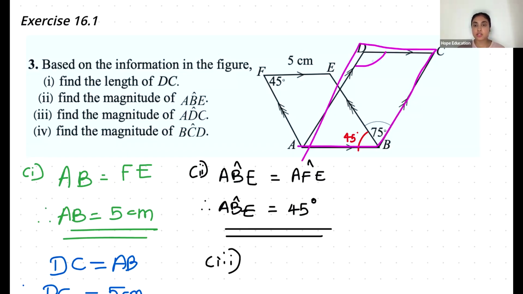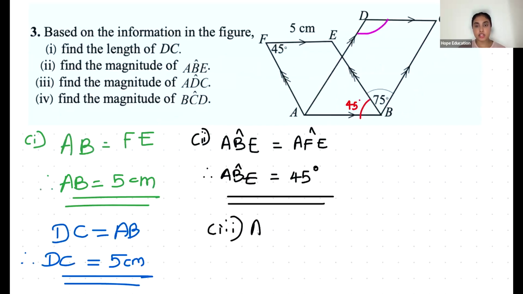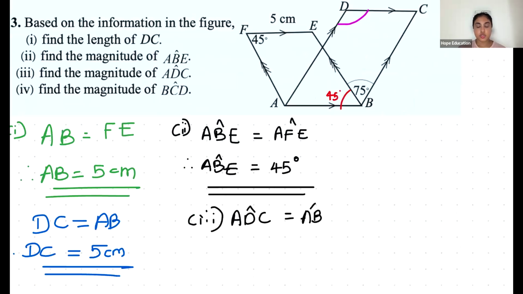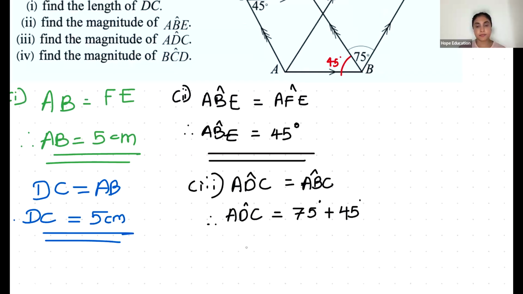Therefore ADC is equal to ABC, which is 75 plus 45, that is 120.